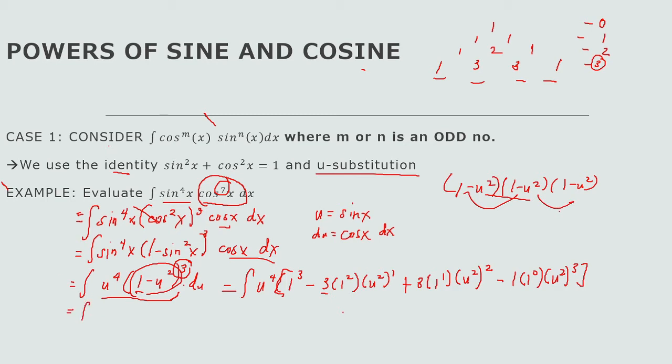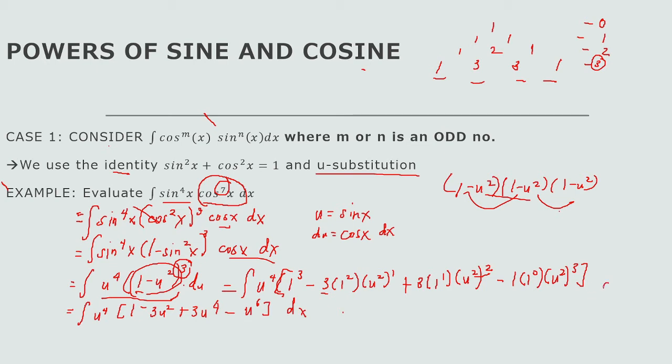So to simplify that, that's u to the power of 4 times 1 minus 3u squared plus 3u to the power of 4. So u squared times u squared is u to the power of 4, minus 1 times u to the power of 6, du.